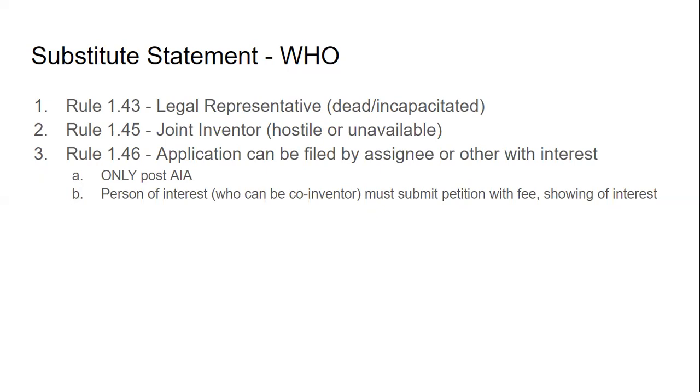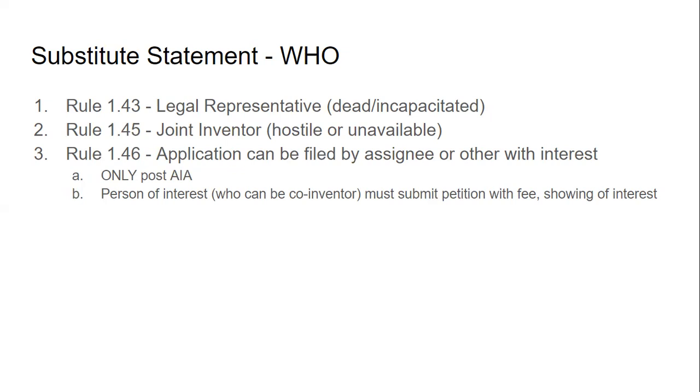Under rule 1.45, that's going to be a joint inventor who can sign. So they're saying, hey, we're unable to find this person, or yeah, they invented it, but they won't sign the other declaration. For 1.46, that's when the application can be filed by the assignee or others with interest. And so they can submit the substitute statement in that case.